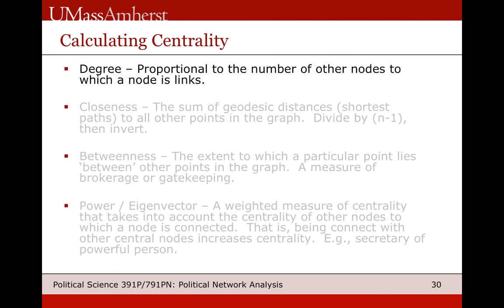Degree centrality is going to be simply proportional to the number of nodes to which a node is linked, so the number of ties that it has. Again, it can be normalized to go between 0 and 1. You can see here that there are other ways, the closeness between this and power, just to give you some sense of where we're going on the course.